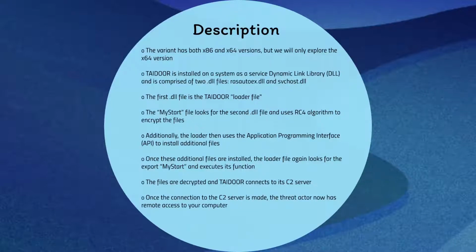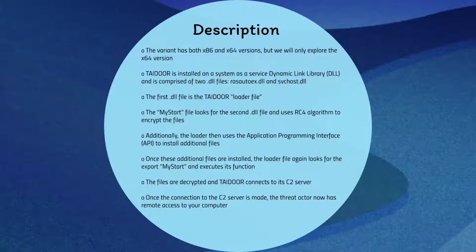While the installation of TAIDOOR is very complex, we will attempt to simplify the method used. We will only explore the x64 TAIDOOR variant. TAIDOOR is installed on a system as a Service Dynamic Link Library, DLL.